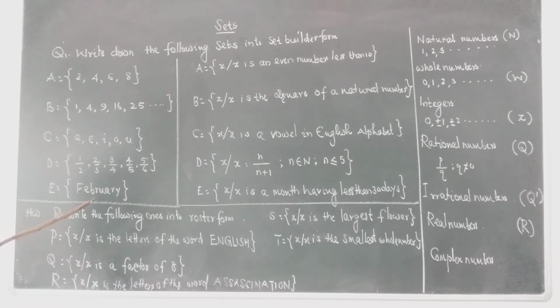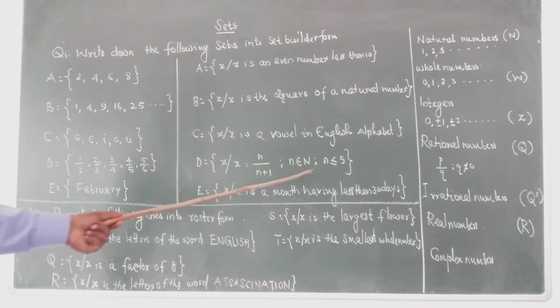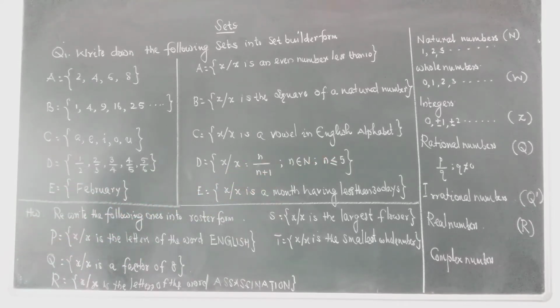No. It can be at most 5, because we have 1, 2, 3, 4, 5. You don't have the number 6 or 7 in the numerator, so we make a condition again: n is less than or equal to 5. When you write it this way, it becomes a set in set builder form.